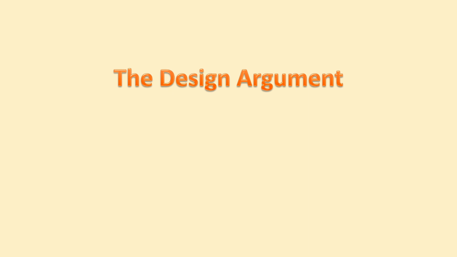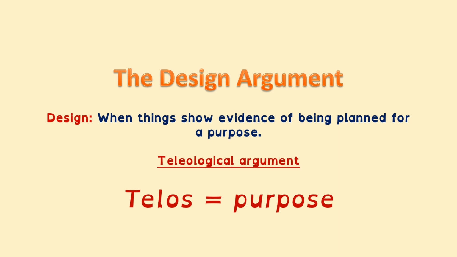One of the arguments that religious people use to claim that God exists is called the design argument. When we are talking about design, we are talking about when things show evidence of being planned for a purpose. So this argument is based on the idea that the world appears to be created and designed.